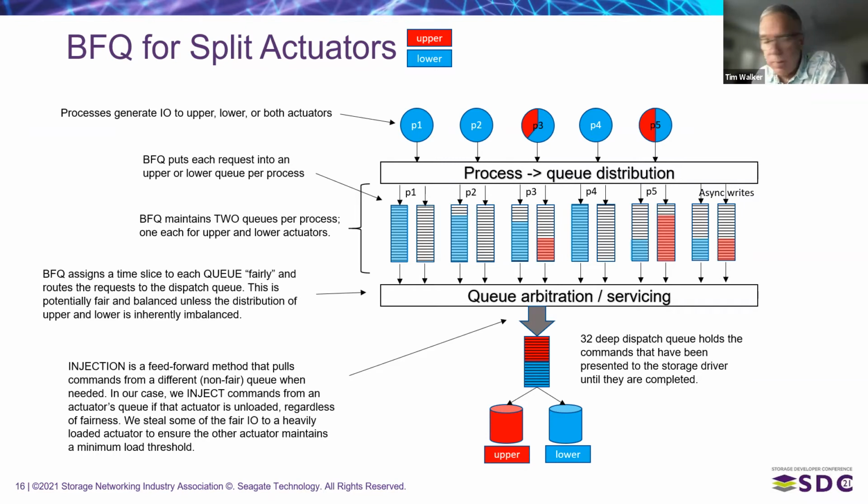What we know about a SATA dual actuator drive like this is that of the 32 commands we can have in the queue, for a sequential workload we really need only 2 to 4 commands in the queue.